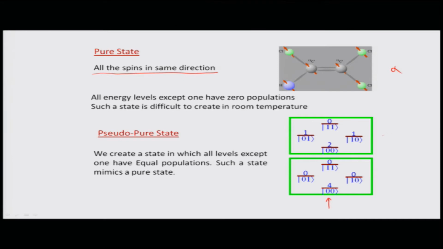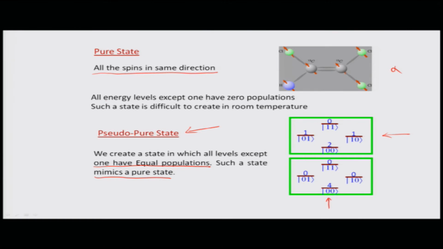So, basically this is the condition where, if they can be balanced out, and all the levels except the one have equal populations, then it mimics a pure state, because that is the state which essentially has the property which is not going to be the same as the others, and therefore, that pseudo pure state behaves pretty much the same way as a pure state would, because the other populations are balanced out in terms of having equal populations.